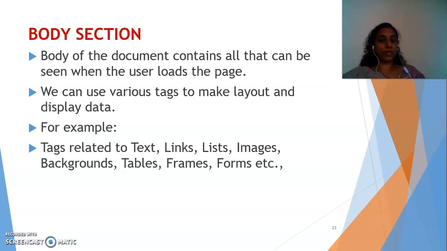You want some links or lists like bullet form, you want to make a list of items, then you have images you want to display, you have a table of data to be displayed, you want left side and right side frames, and sometimes you also have some forms to be displayed on the screen, like a registration form, etc., where you have some text boxes, check boxes, labels, etc.